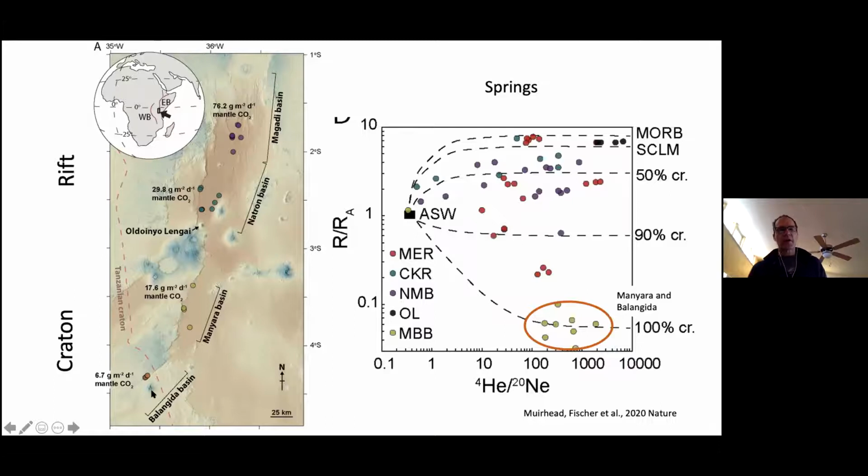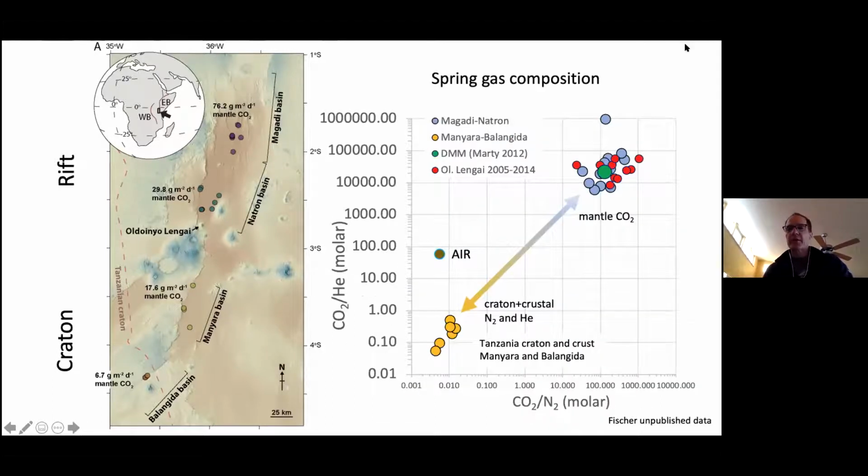So the Craton has these very low helium-3,4 ratios that are really typical crustal helium isotope ratios, indicating that there's no mantle helium coming through it.